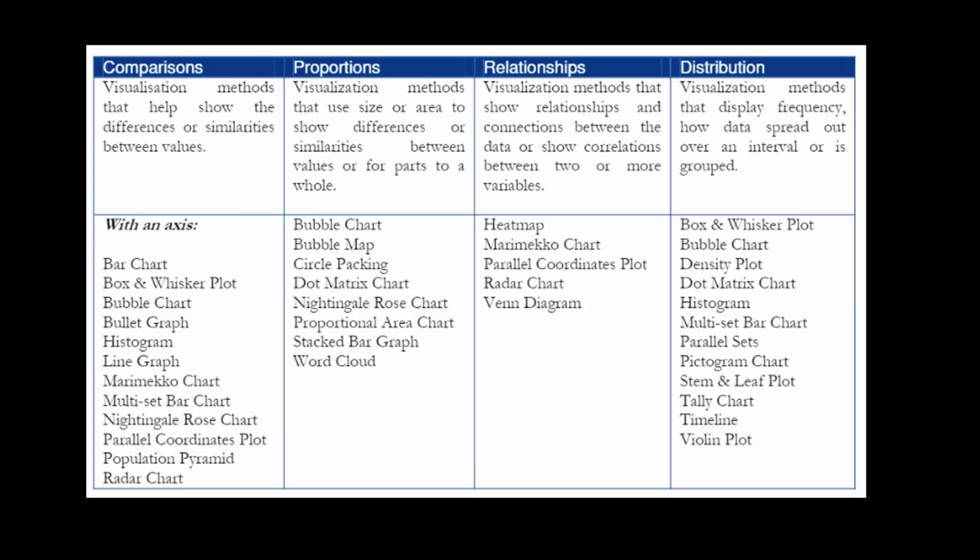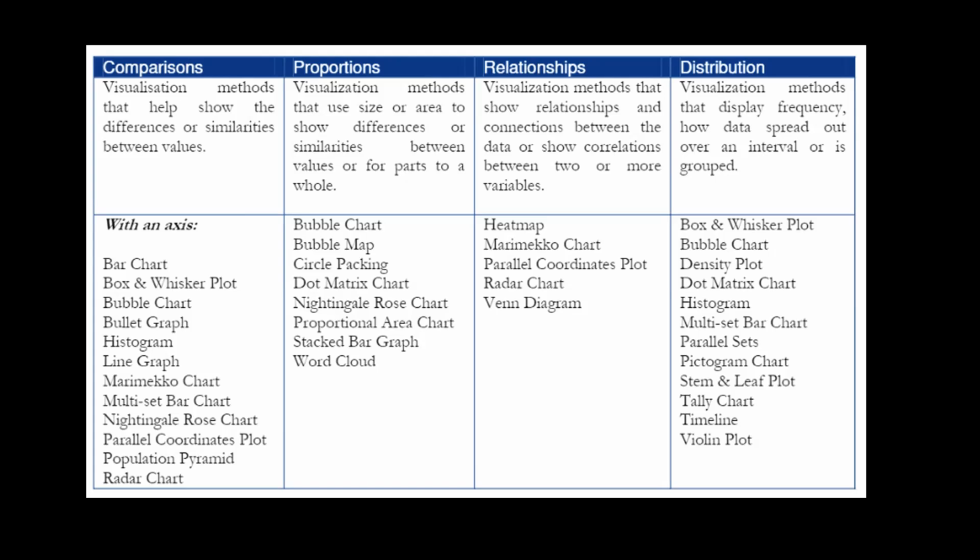That's called proportion. So you are showing similarity, but along with similarity, you're also talking about how much similar they are, how much different they are. So we use something like word cloud. We discussed that, right? For NLP, we do word cloud. We have bubble chart, bubble map, etc.